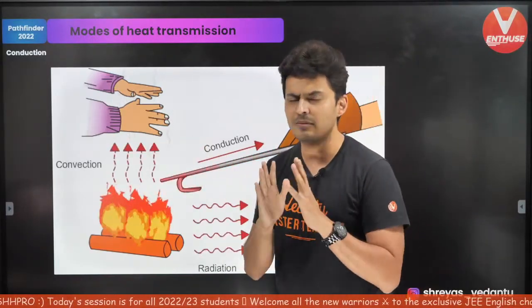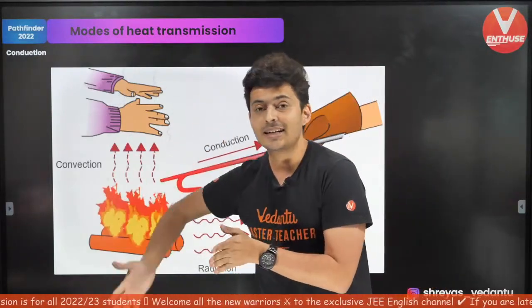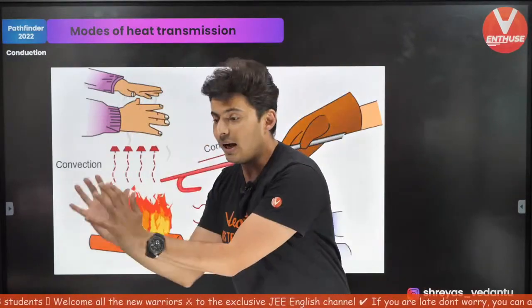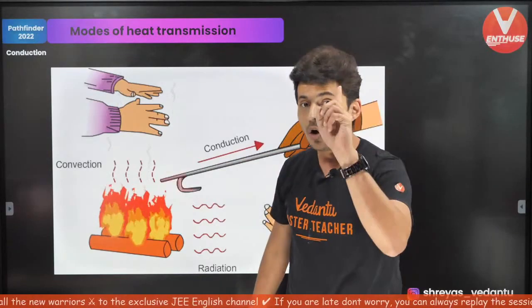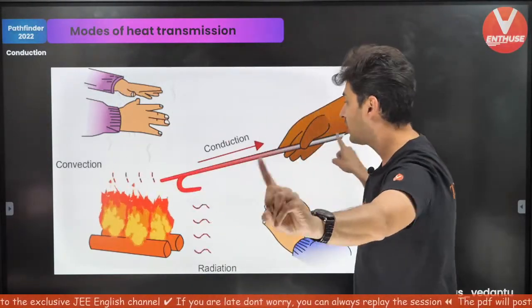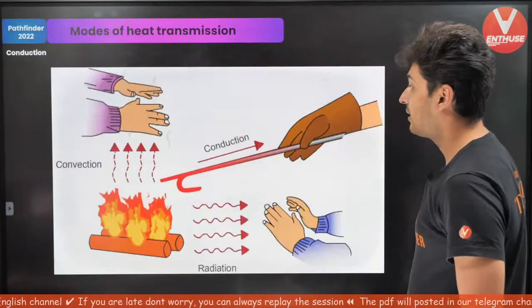Usually we speak about conduction only in solids, and the energy gets transferred from one point to the other point without the particles themselves traveling from point A to point B. Understand this very carefully. In conduction, particles did not travel, the energy traveled. Remember that.